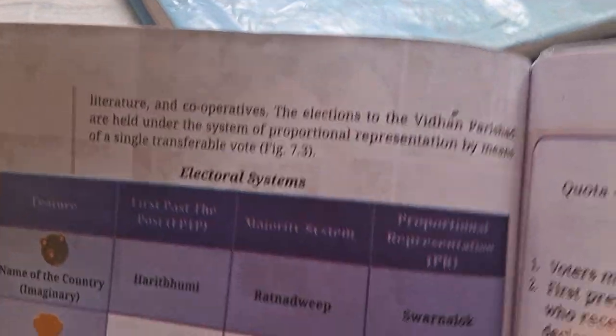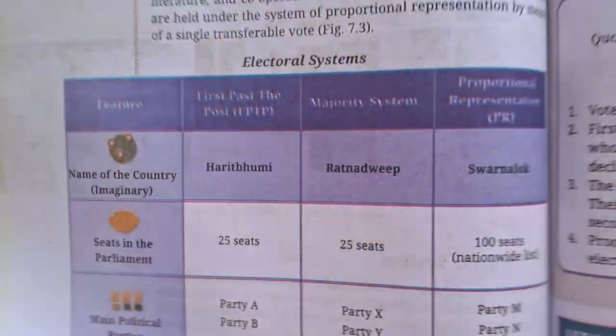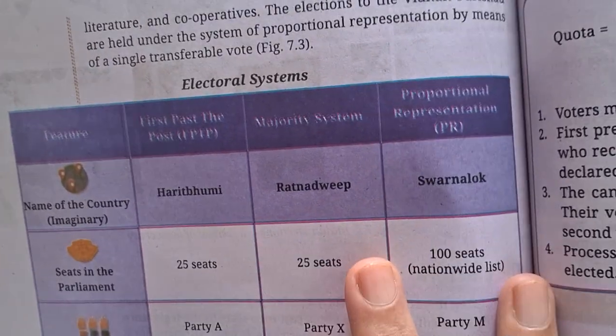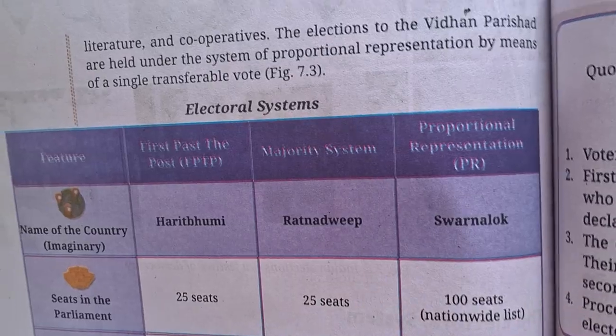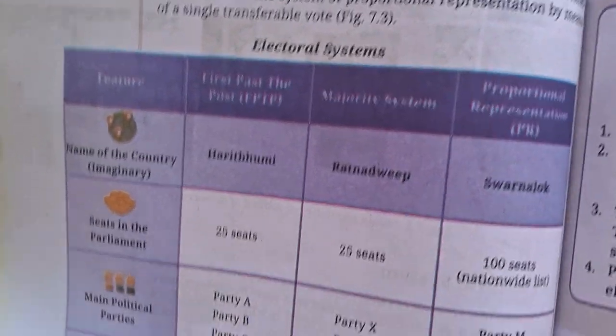I hope you're doing great. So today, I think everyone wants to know about the election process of India. Now in this chapter, this topic is related to class ninth.